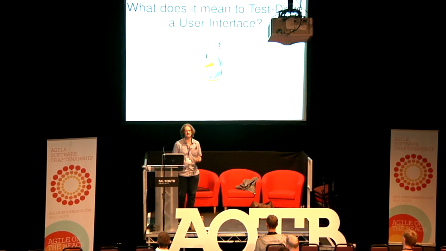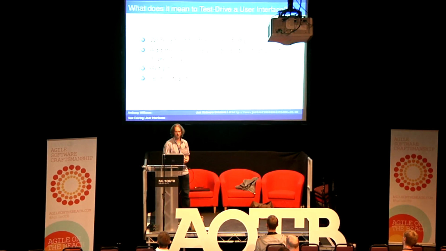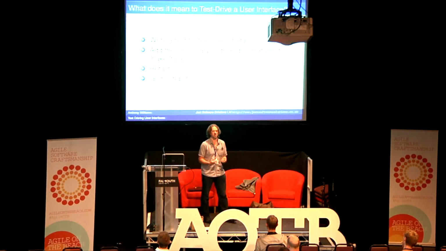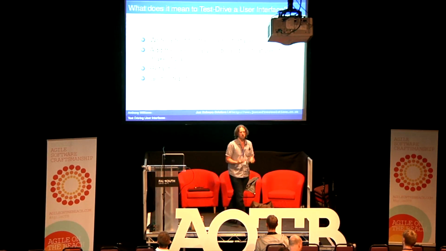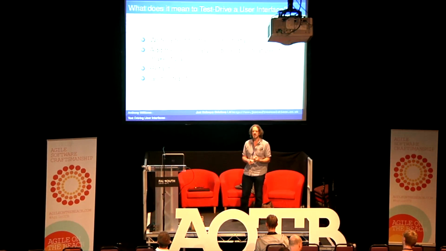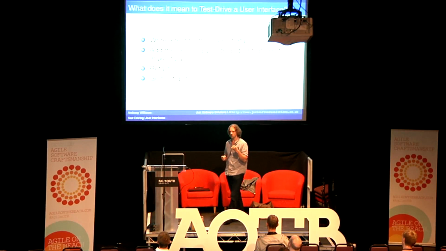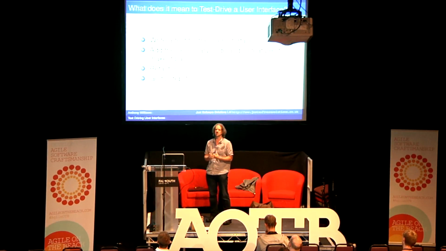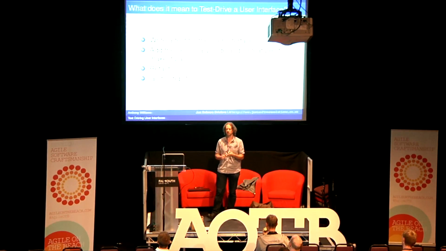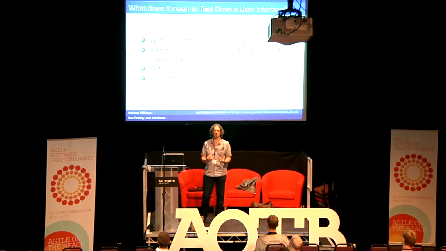So what does it mean to test drive our user interface? Fundamentally, it just means take your standard TDD cycle and apply it to your user interface. You write a simple test for what you want to accomplish. You make the simplest possible code that will make your test pass, and that includes the code that makes up the UI.